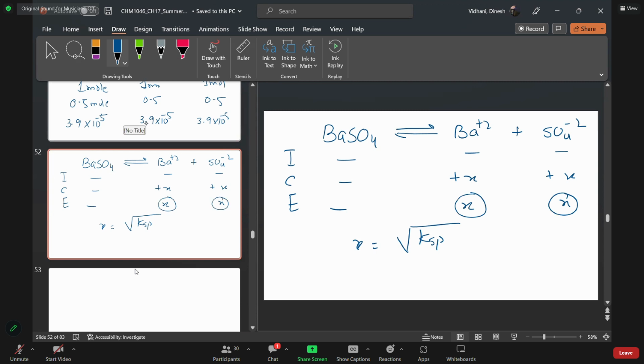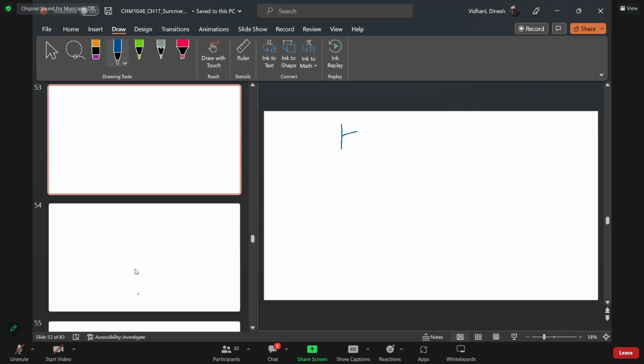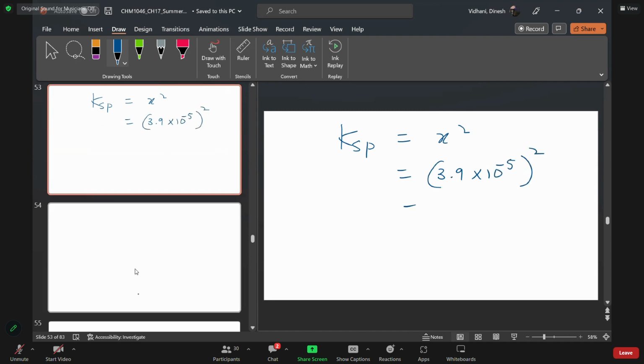Can we find KSP in this case? Absolutely. How do we do that? KSP was equal to X squared. So that would be equal to (3.9 × 10^-5) squared.